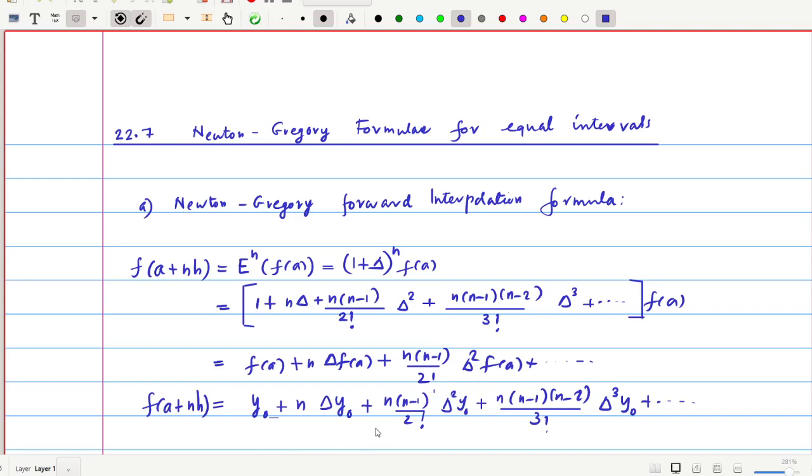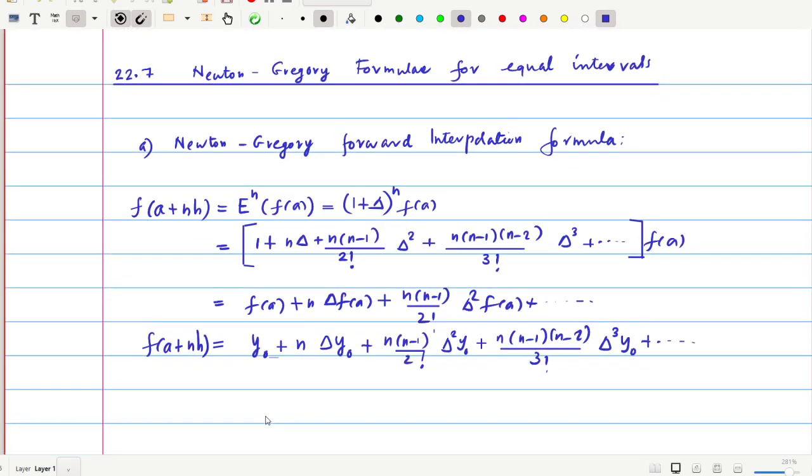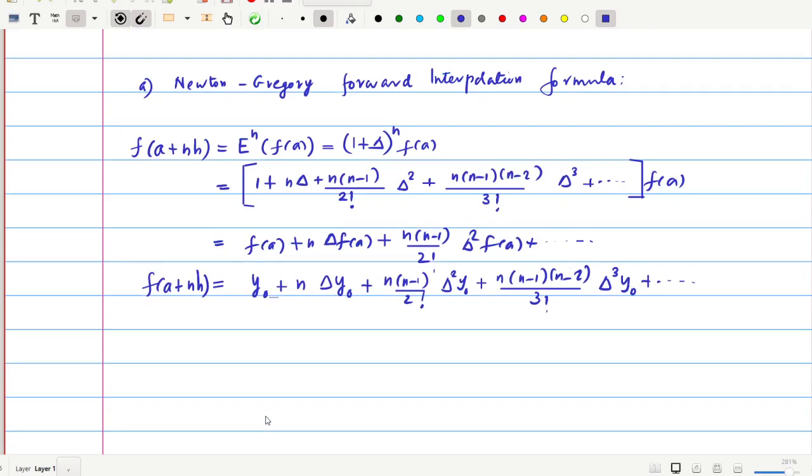We will later decide how many terms are to be taken to evaluate f of a plus n h approximately. In a similar fashion, you can define the Newton-Gregory backward interpolation formula. The only difference is that E is replaced by the relation connecting E and del.